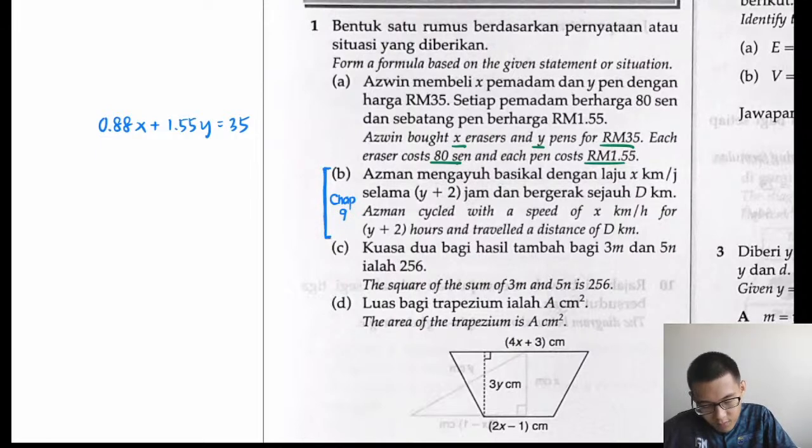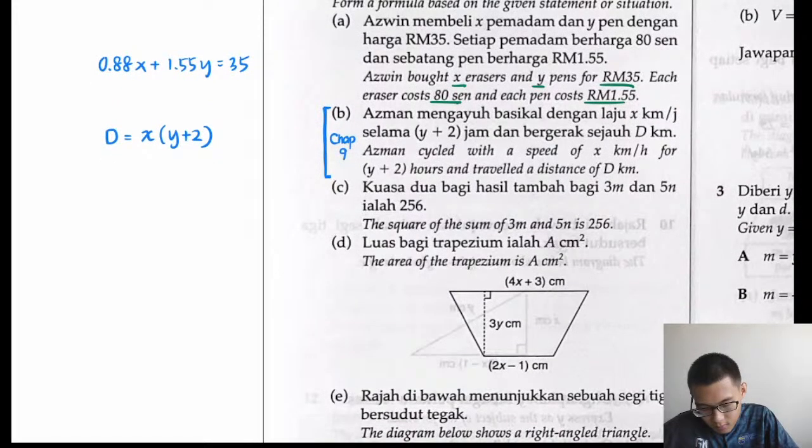If not, it is difficult for students to answer the question. So for this one, we use distance equals speed times time. Speed is x km/h, times y plus 2 hours.